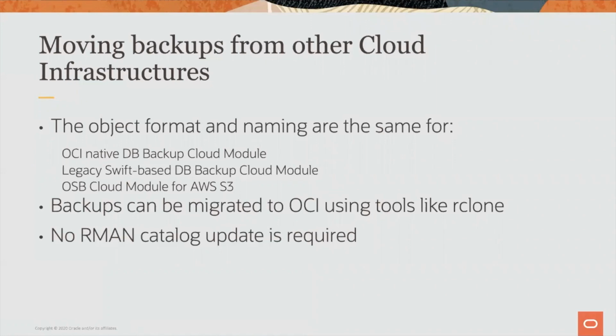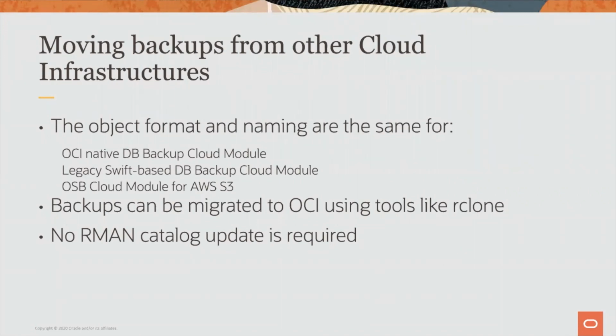It lets customers upload backups directly from RMAN to an AWS S3 bucket. But the format it uses for the backups is exactly the same, and they are totally compatible. It means that you can take a backup that was sent to AWS S3 using the OSP cloud module for AWS S3, and you can copy it to OCI, and nothing else has to be done.